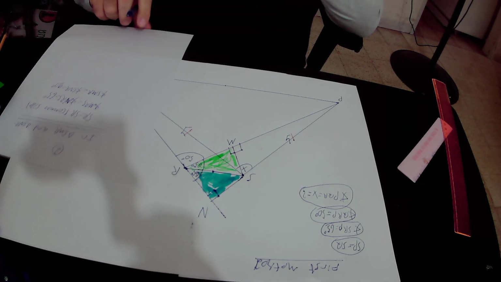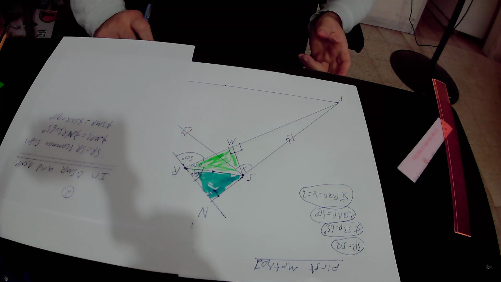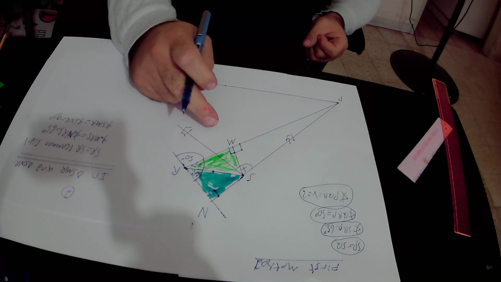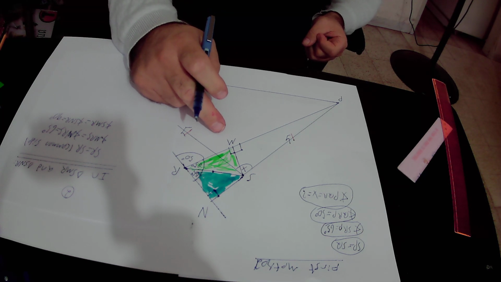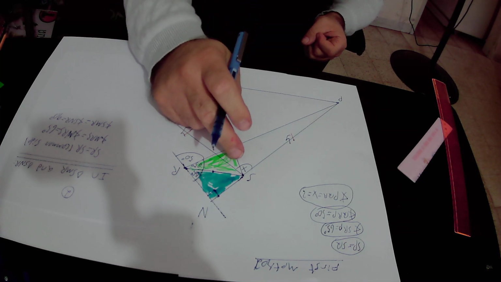Okay, and we also know that the sum of the angles in any triangle equals 180 degrees. Okay, so the sum of the angles in the green triangle will be equal to 90 degrees plus 65 degrees plus the size of the third angle.